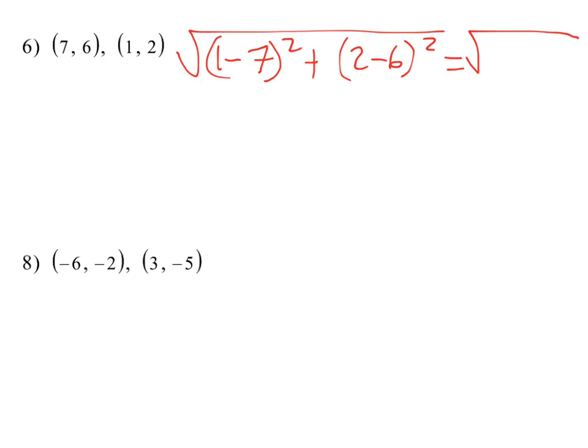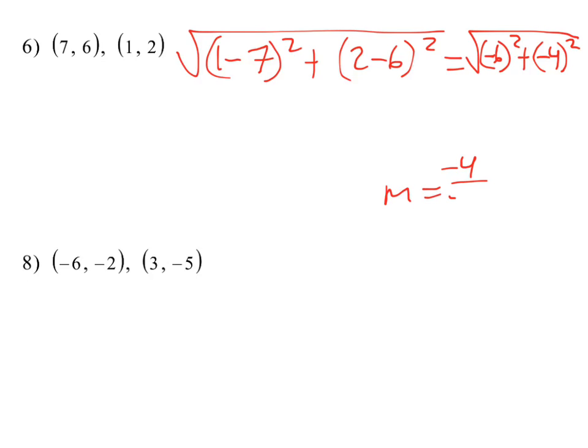And when you do that subtraction, 1 minus 7 gives you negative 6. So I need to square that. And then 2 minus 6 gives you negative 4. Let me square that. The 4 is the rise. That's the rise, negative 4.